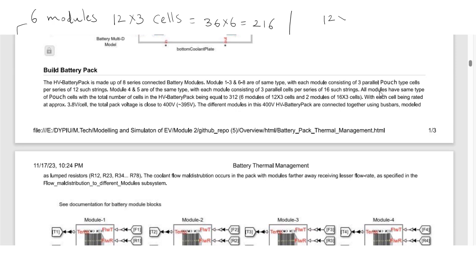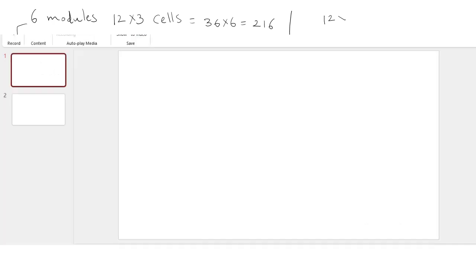So all modules have the same type of pouch cells, with the total number of cells in the HV battery pack equal to 312. So how are we calculating this? I will show you here.